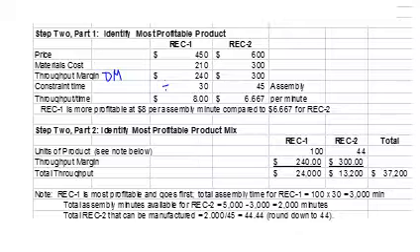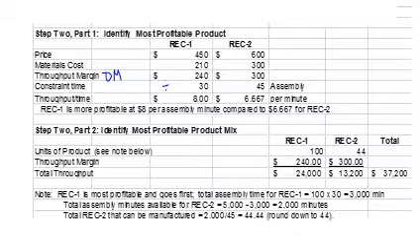Here we're dividing by the time, and it's $8 of profit for the constrained process that we're looking at.